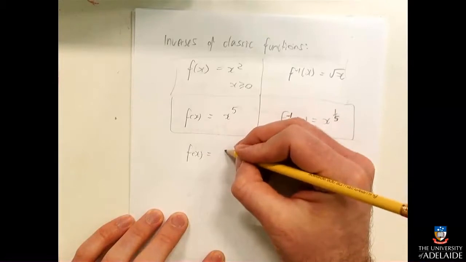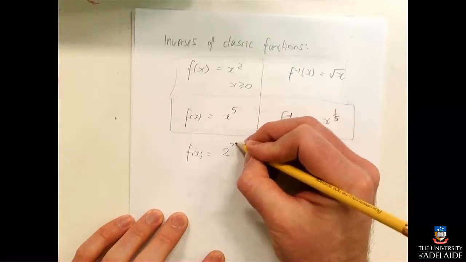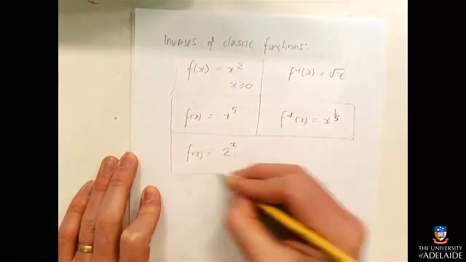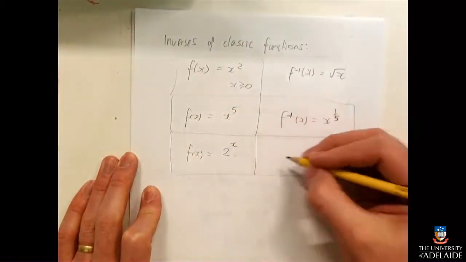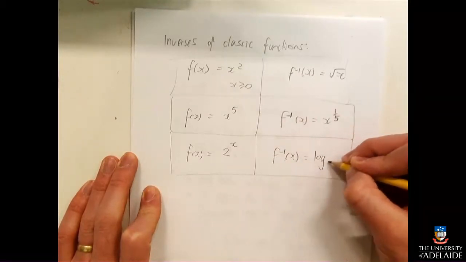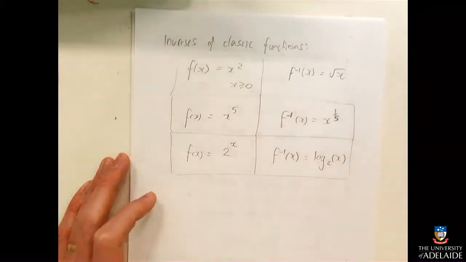So if I had something that was instead 2 to the power of x instead of x to the power of 2, where the unknown is up in the power instead of down at the bottom, then the name of the inverse function is this.